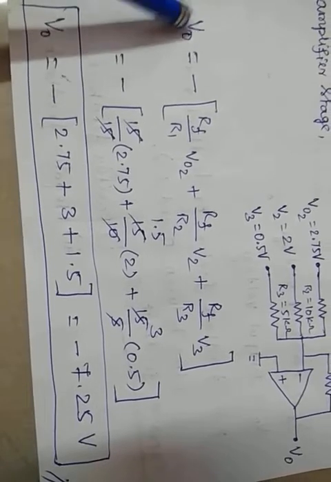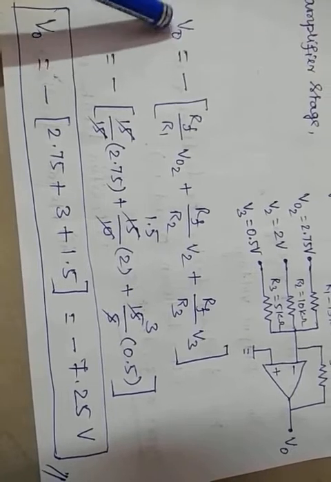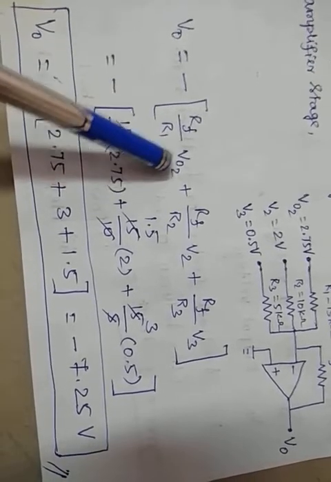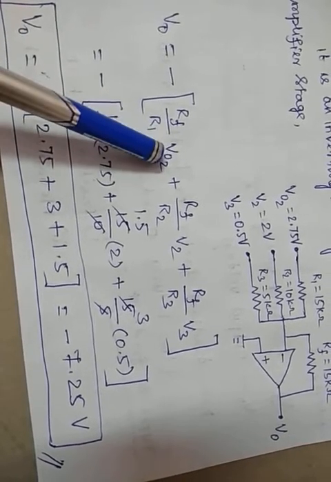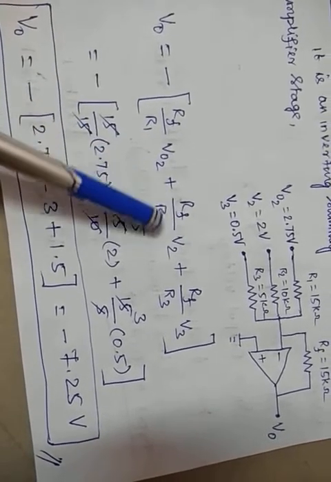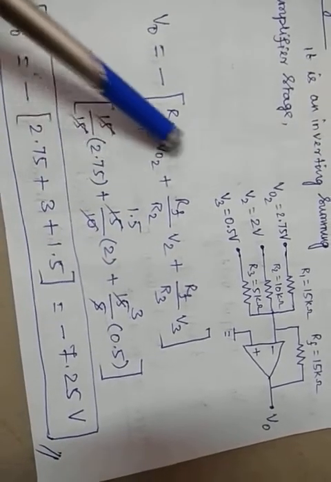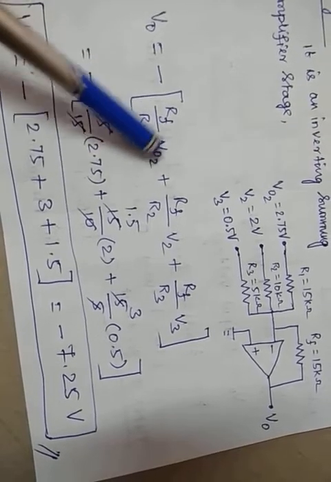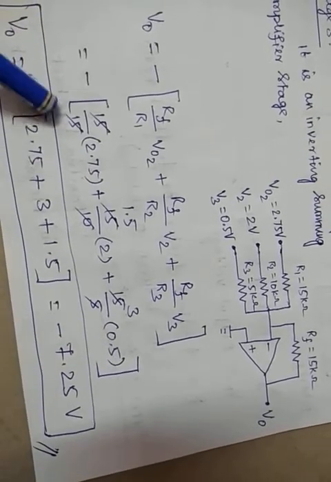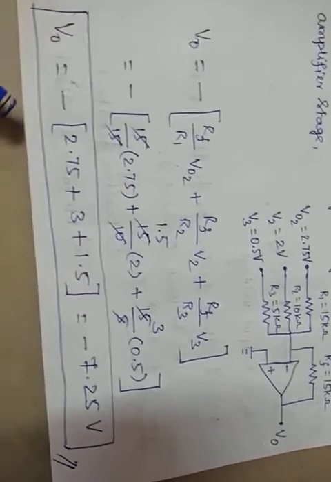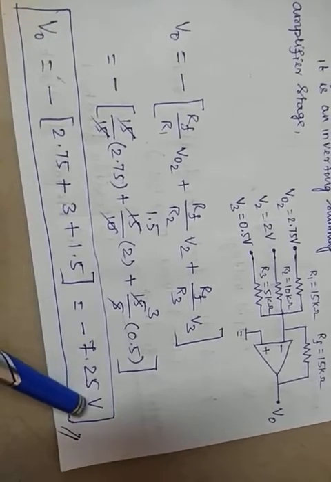The final output voltage I'm taking as Vout, which equals minus Rf by R1 times Vout 2, meaning whatever output we get from the second stage, plus Rf by R2 times V2 plus Rf by R3 times V3. You can take any notation, that is your wish. Substitute the values and simplify it. Finally we got Vout equal to minus 7.25 volt.